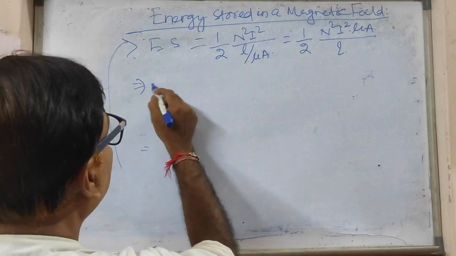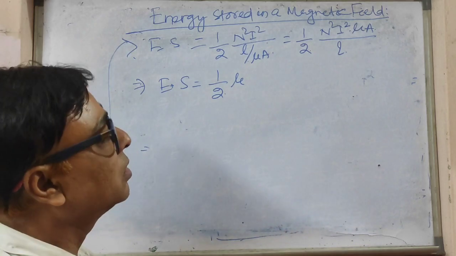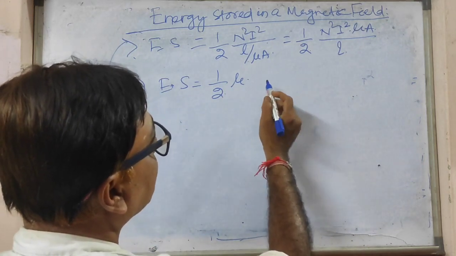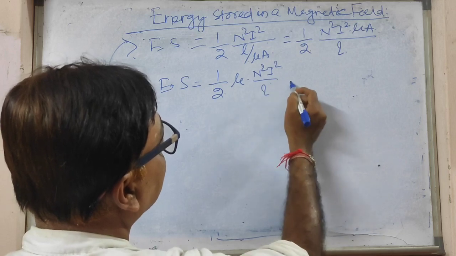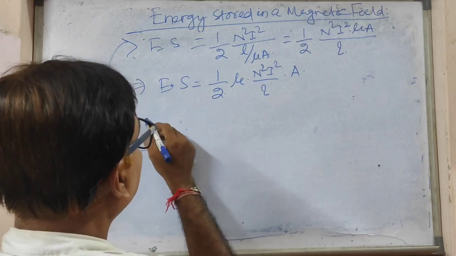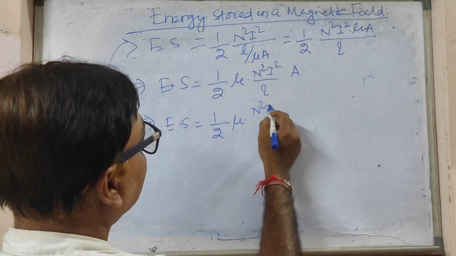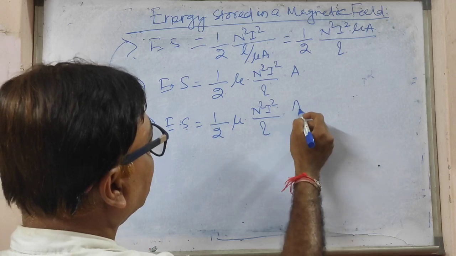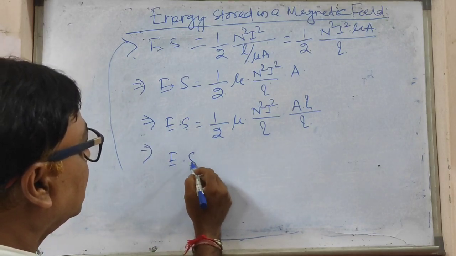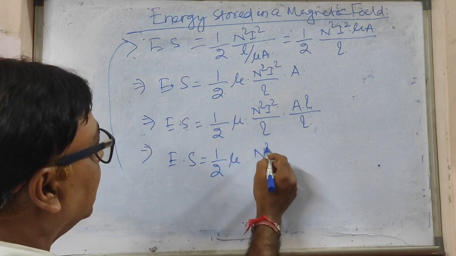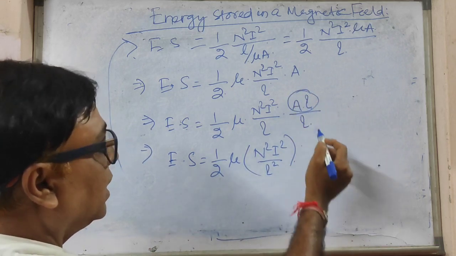So the energy stored is 1 by 2 mu, where mu is the constant permeability, N square I square divided by l into A. Now multiply l in both the numerator and denominator: 1 by 2 mu N square I square A l divided by l square. A l is nothing but area into length, which is volume.